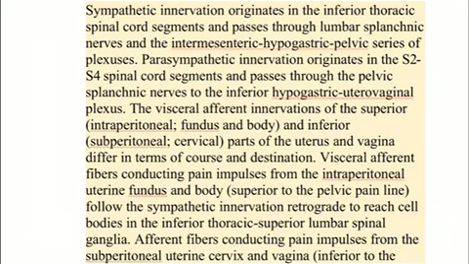So these visceral efferent fibers that conduct pain impulses from the intraperitoneal uterine fundus and body follow the sympathetic innervation in a retrograde manner to reach cell bodies in the inferior thoracic and the superior lumbar spinal ganglia.